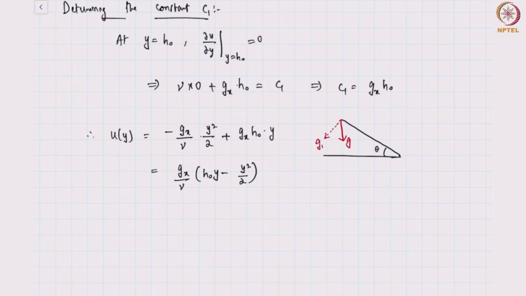This is gy, this is gx, and gx is g sine theta and gy is minus g cos theta. Therefore, I have the velocity profile u of y is nothing but g sine theta by nu h naught into y minus y square by 2.